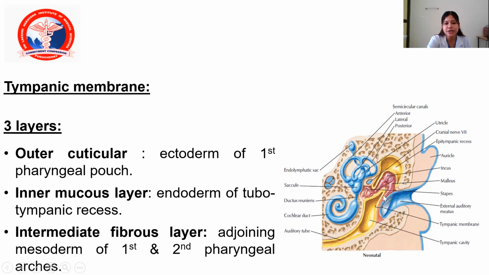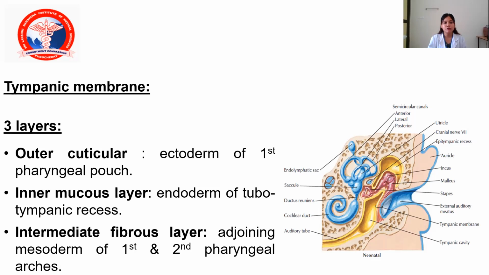Now the intermediate fibrous layer is formed by the adjoining mesoderm of the first and second pharyngeal arches. So the tympanic membrane is a structure which develops from all 3 germ layers: ectoderm, mesoderm, and endoderm.